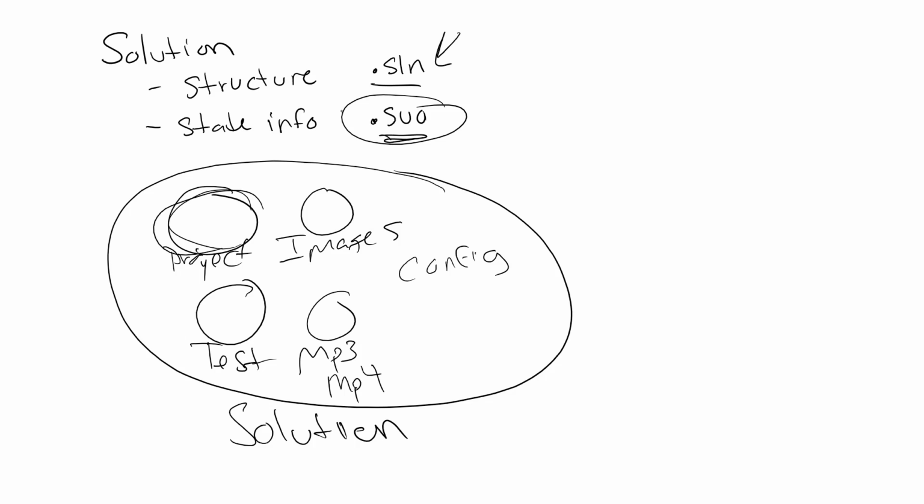And so as we create these projects, the solution is ultimately the top of that hierarchy. And if we remember what we looked at inside of that solution explorer, we had that solution on top. Underneath we had the project, whatever we'd named it.